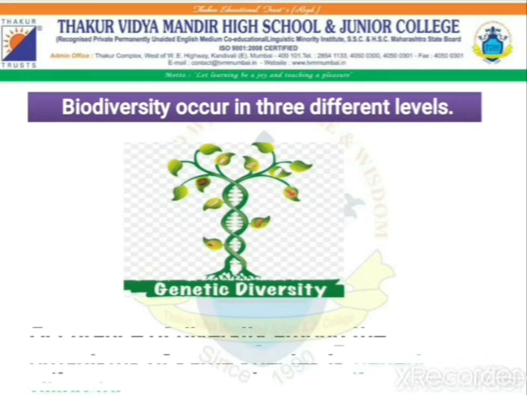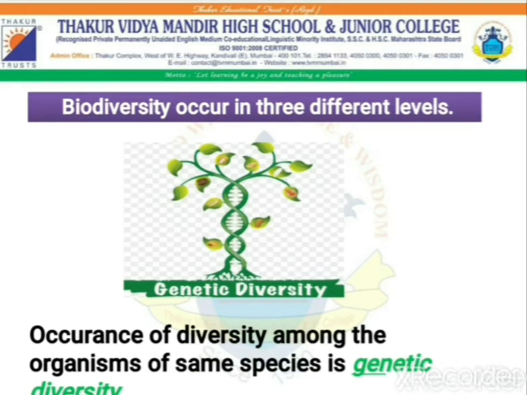Example, human beings are different from each other. So the possibility of wiping out the species arises if there is a decrease in the diversity within the species whose members are involved in sexual reproduction. So this is about genetic biodiversity.